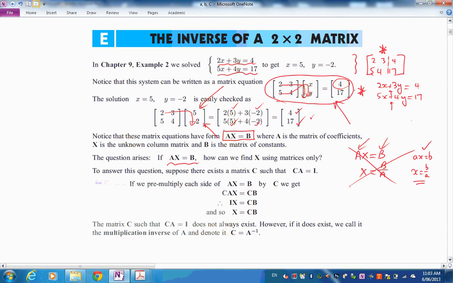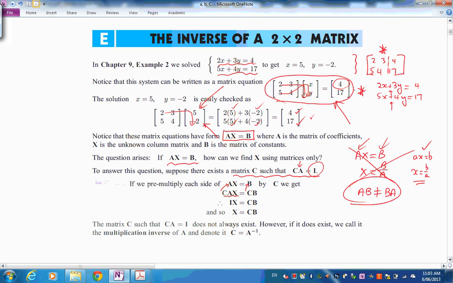We're going to start with Hayes and Harris approach. Let's imagine there's a matrix C such that when you multiply A by it, you get I. What would happen? Let's multiply in here by C, so you get CAX. Just remember, you've got to multiply on the same side, because matrix multiplication is not commutative.